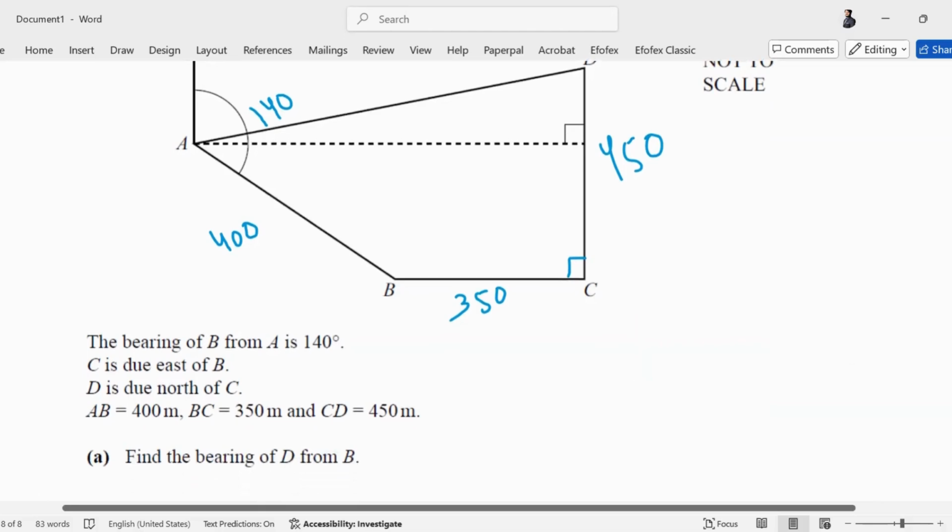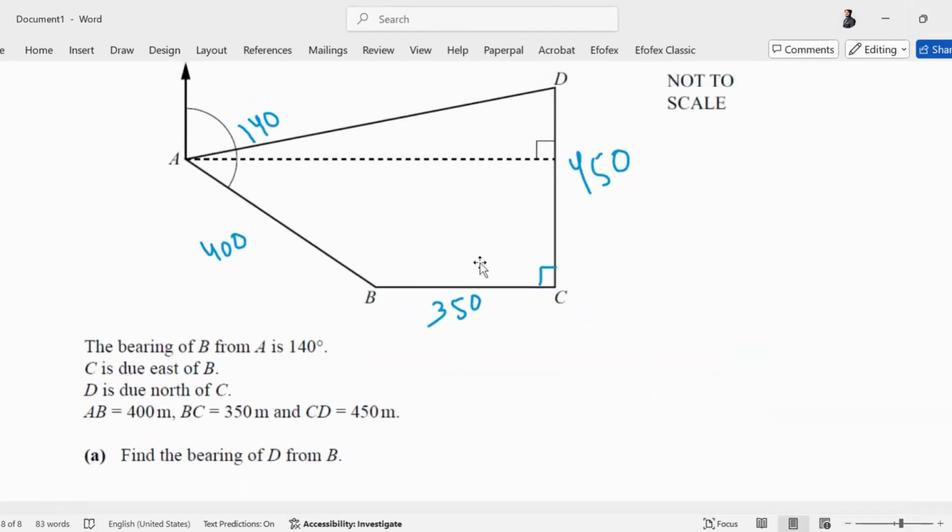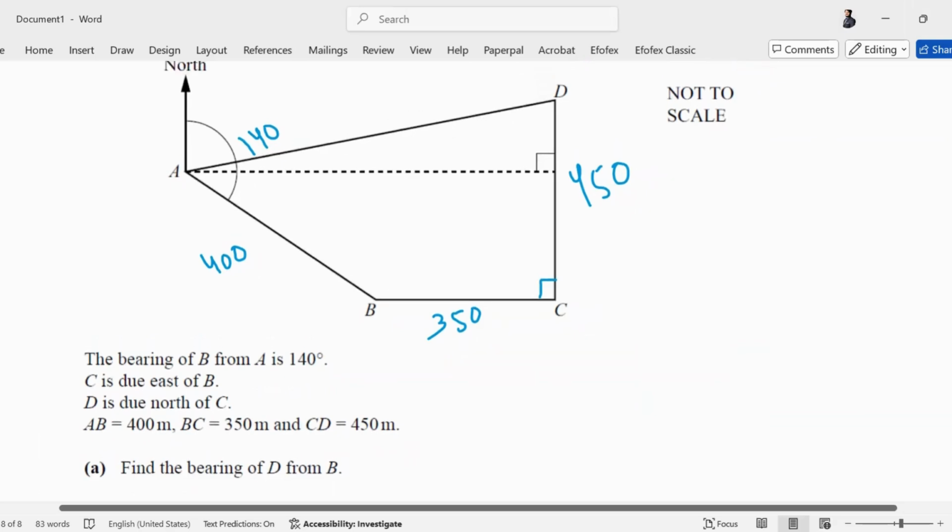Find the bearing of D from B. I've told you people, whenever you can go to my video of bearing and see that whenever you're finding the bearing of D from B, the first thing you're supposed to do is see that you have a line of D from B. Most of the questions give you that line, but this one does not.